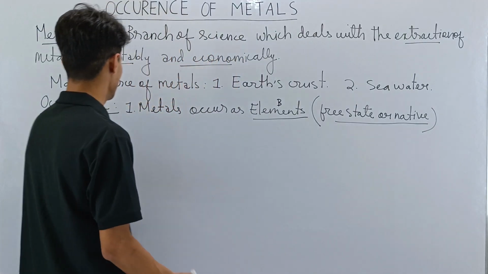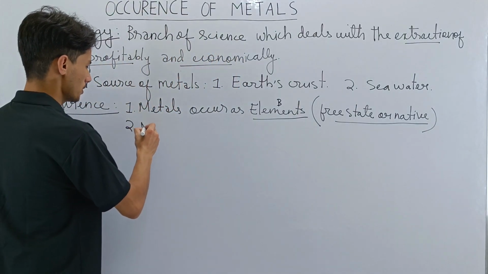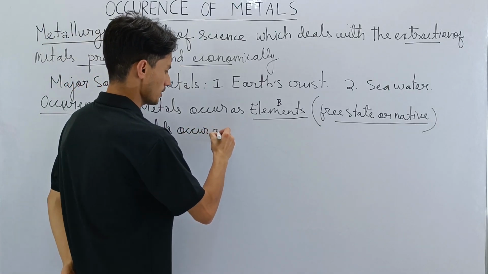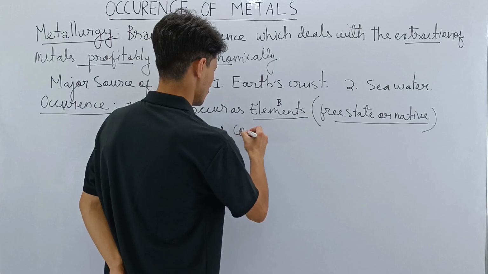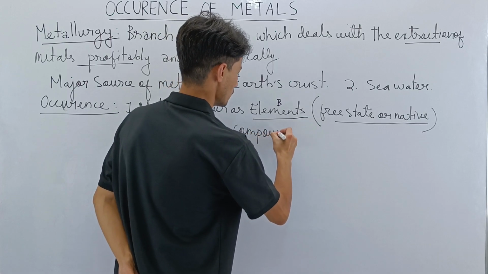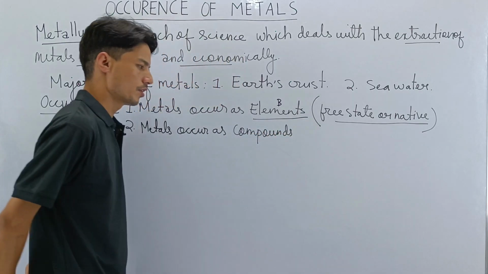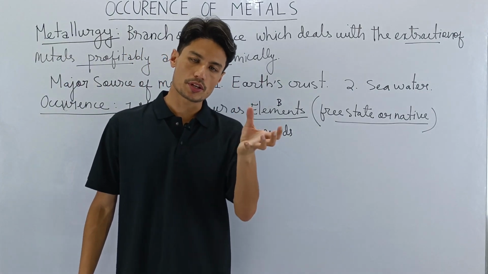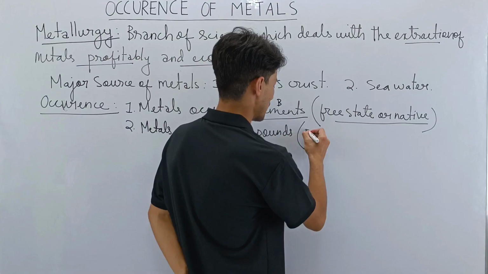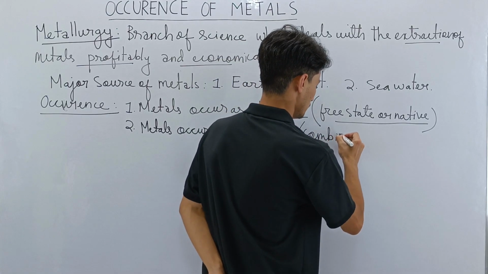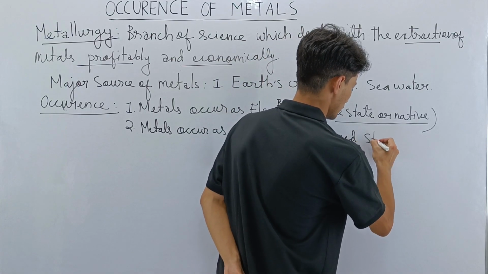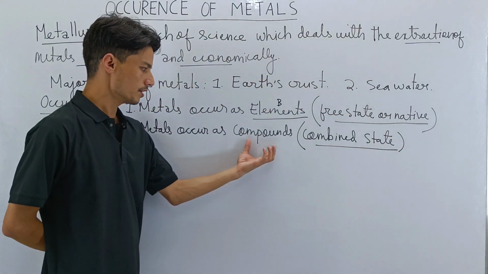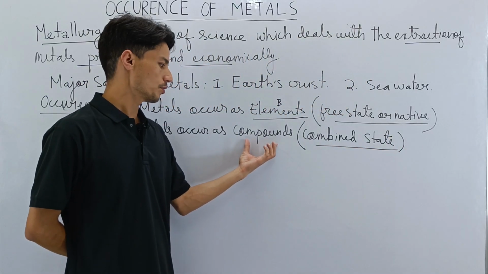Next one, metals occur as compounds. Sometimes they are found as compounds also. The definition of compound is that two or more elements join together and give us a compound. So compounds means combined state. Here, two or more elements will be found together.